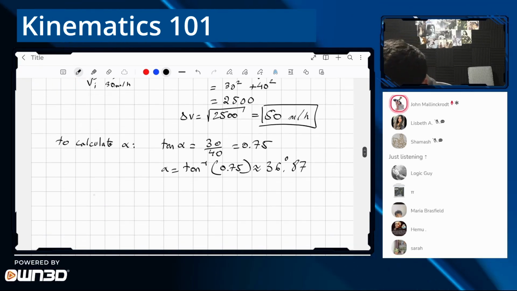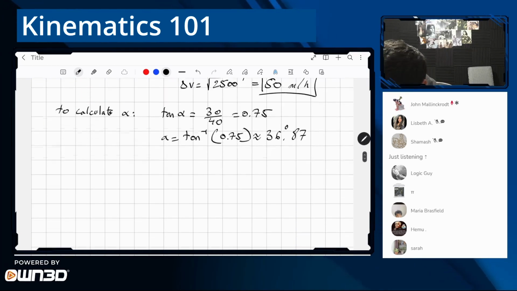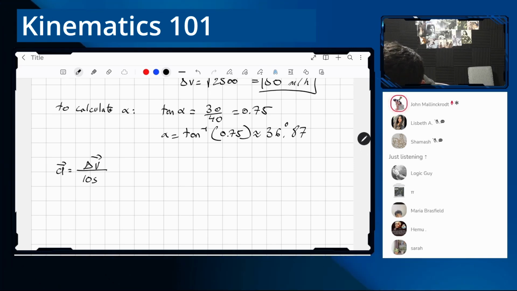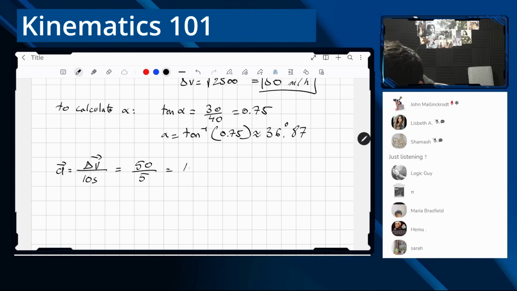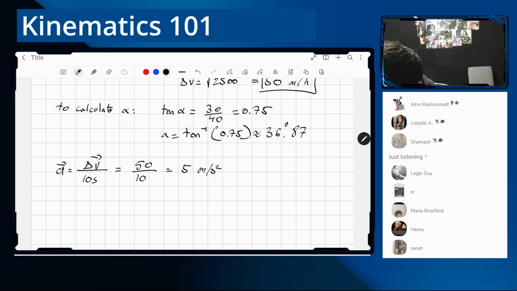So if you draw delta V vector divided by 10 seconds, yeah, you can see that gives me 5. The 50 divided by the 10 gives me 5. The miles per hour divided by seconds gives me miles per hour per second. So I get 5 miles per hour.